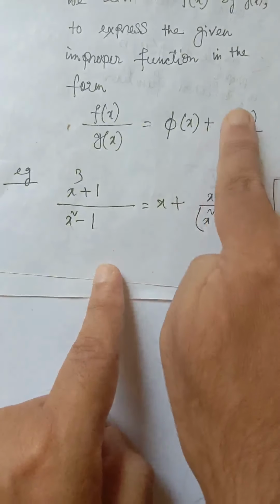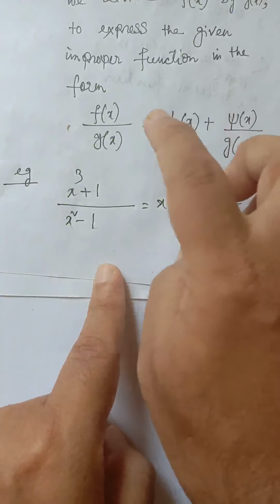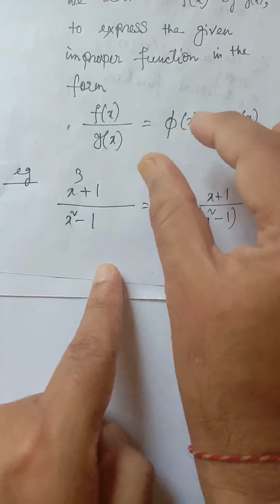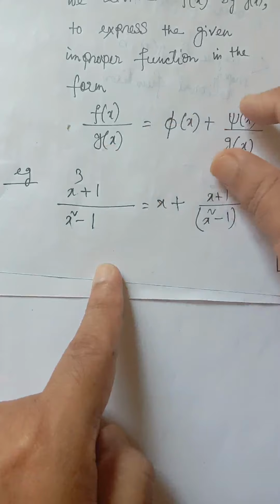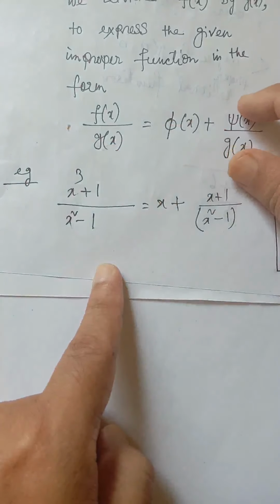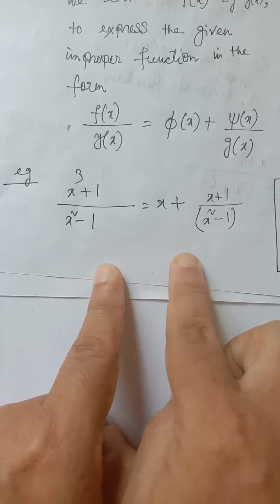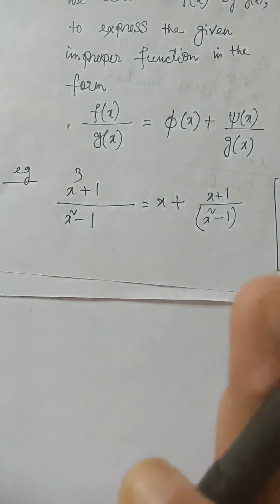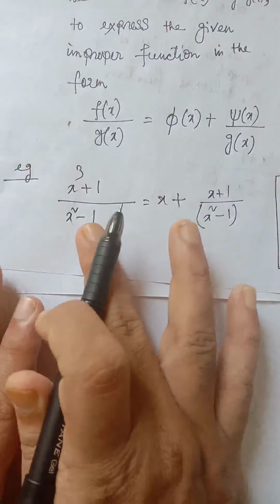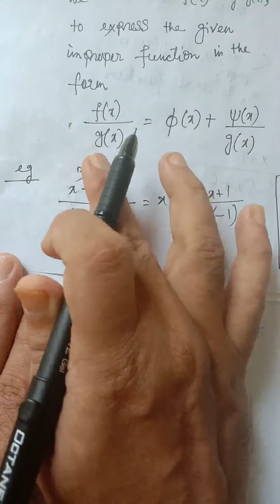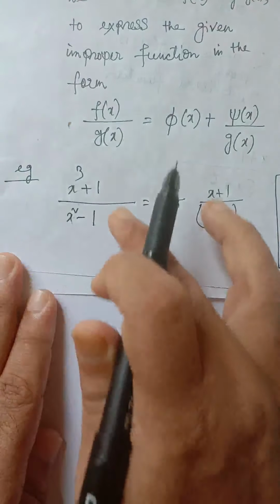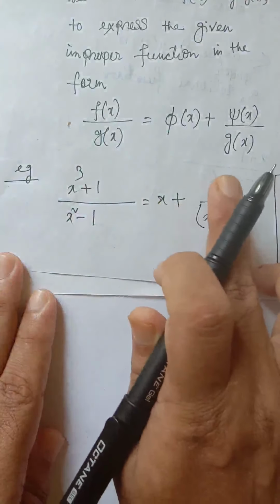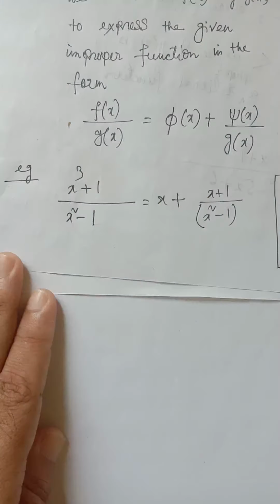Remember this step: for an improper rational function, our first step is to divide and express it as a polynomial plus a proper rational function.